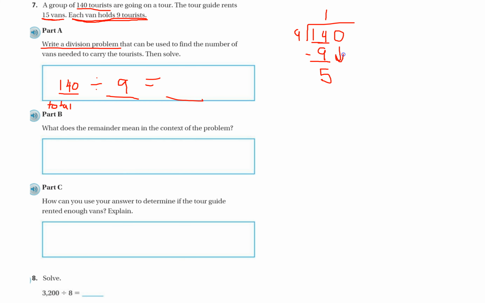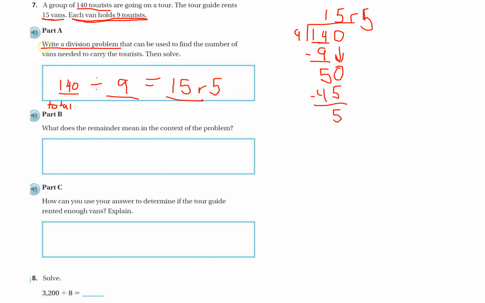Bring down the 0. 9 goes into 50 5 times. 5 times 9 is 45. Subtract. Gives me 5. So 15 remainder 5. So here is my answer to my division problem that I wrote, 15 remainder 5.